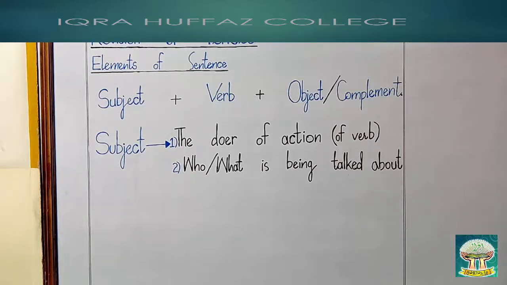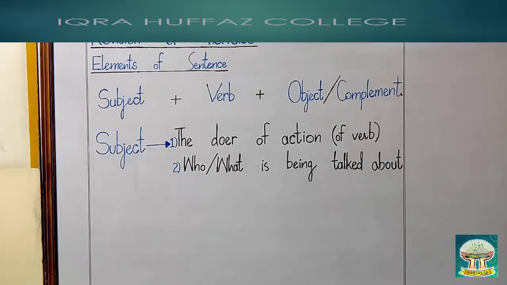So that somebody or something that performs the action of verb is called subject. And the second definition is who or what is being talked about. In simple words, when somebody says a sentence, you can understand who that somebody is talking about.